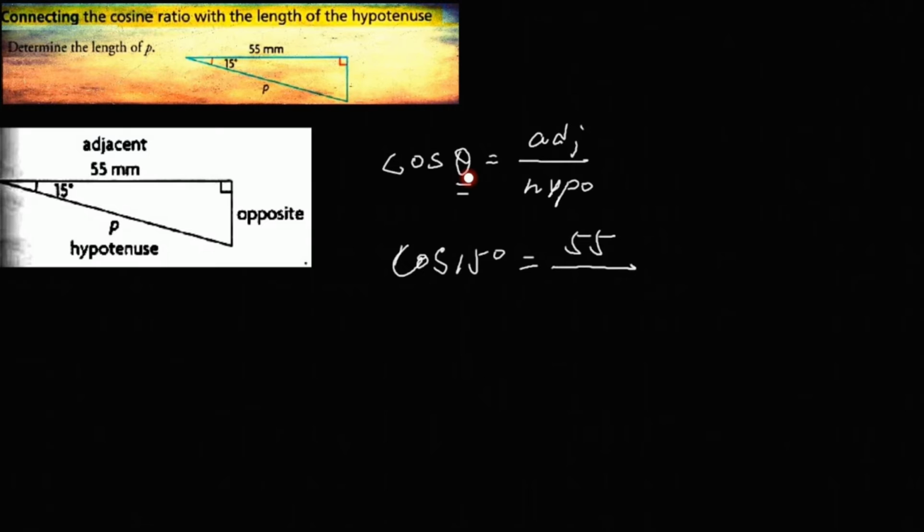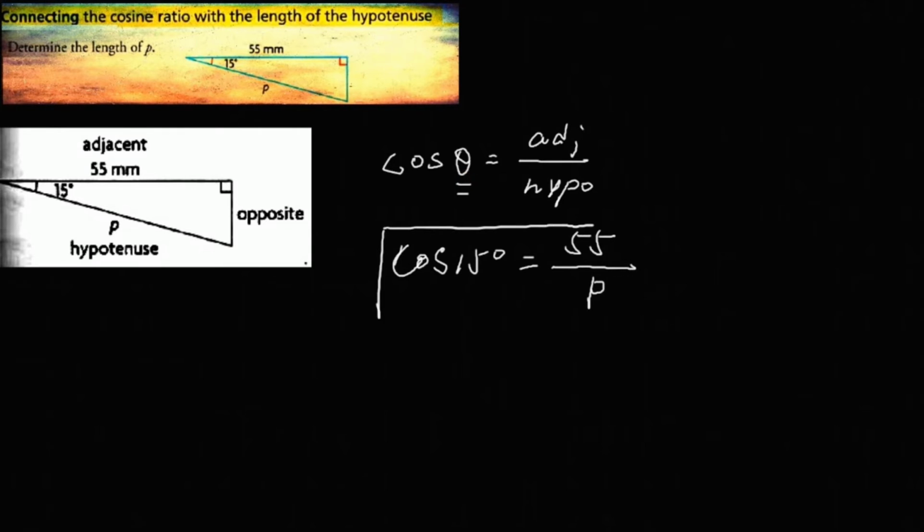We know the adjacent side, so we use cosine theta. Cosine theta equals adjacent over hypotenuse, with theta equal to 15 degrees. Cosine 15 degrees equals adjacent, 55 millimeters, over the hypotenuse, which we don't know.